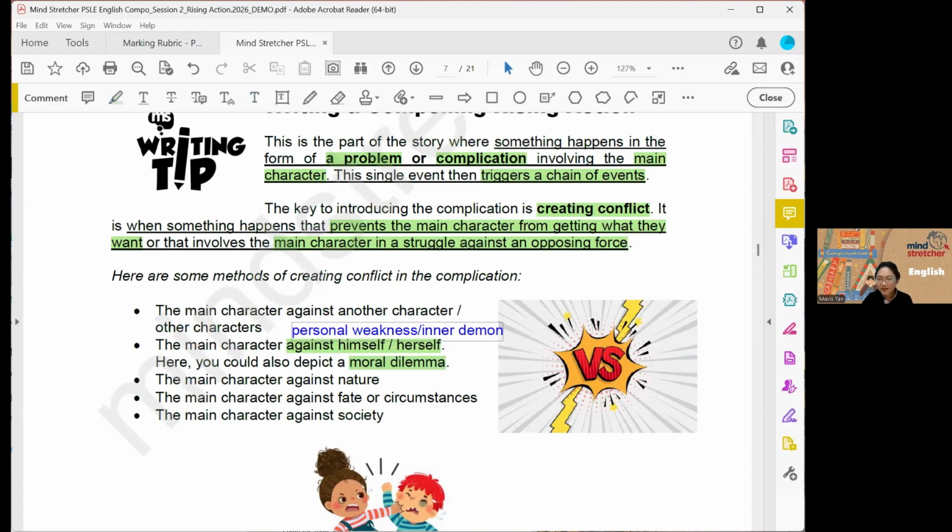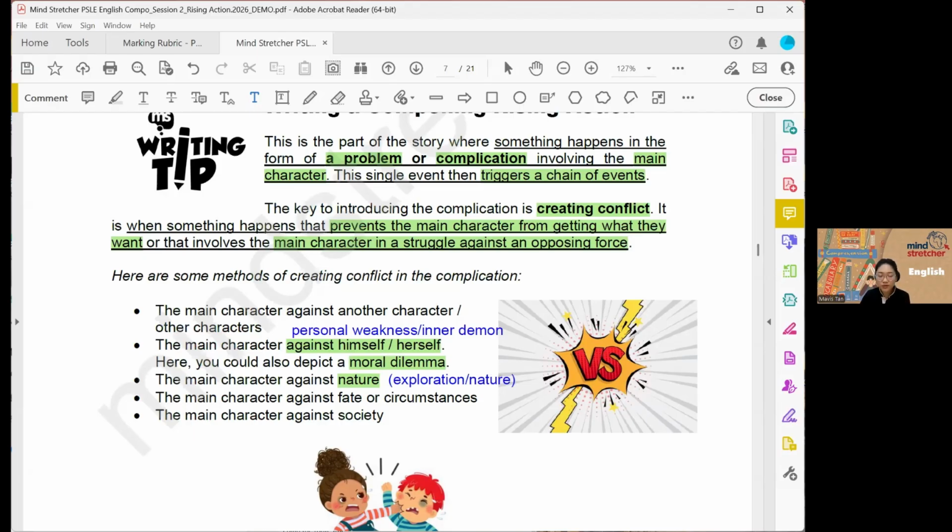Now, this one, main character against nature, would feature in compositions that are related to an excursion, a thunderstorm, or someone tripped over a branch and fell down the hill. So, character against nature, very often it involves stories related to exploration or nature.